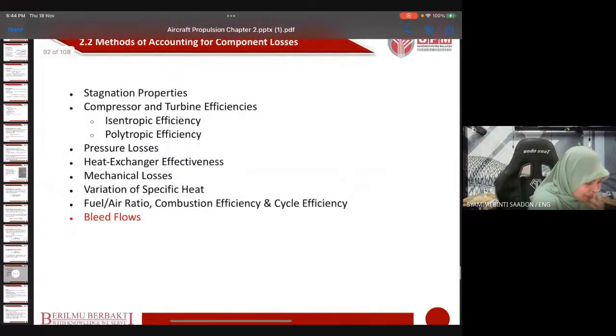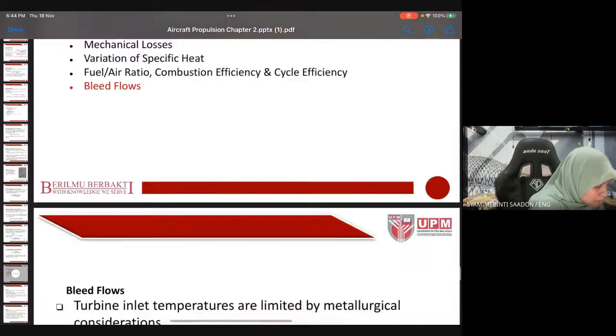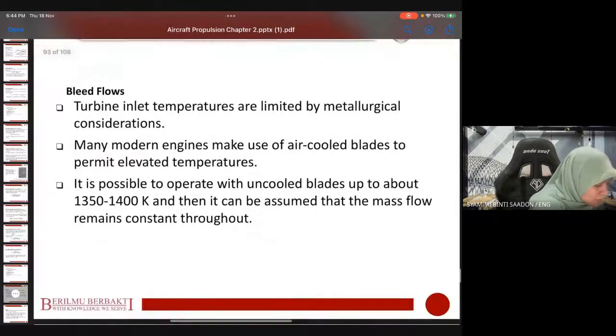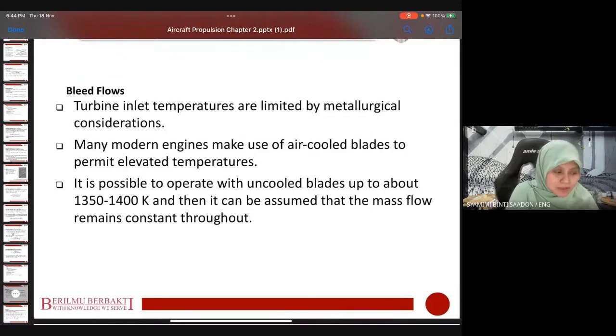Okay, last one, the factors accounting for component loss. Bleed flow. So turbine inlet temperatures are limited by metallurgical considerations.